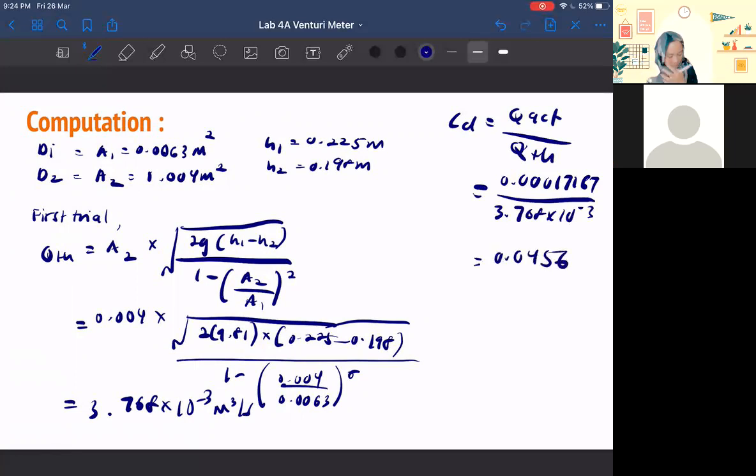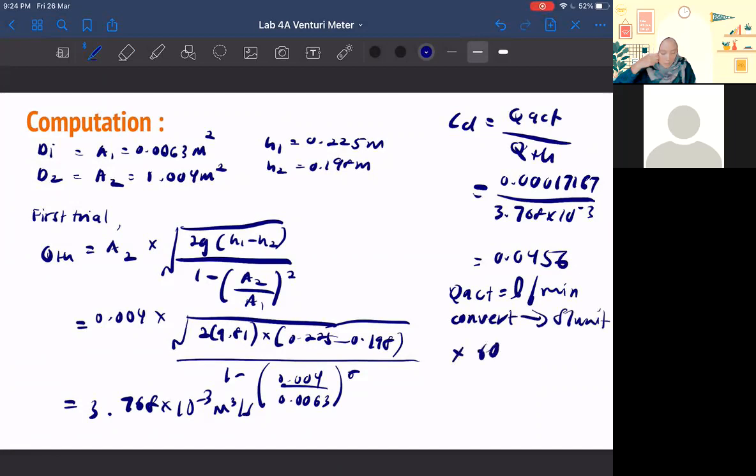Actually, from the setup, we will get the Q actual in liter per minute. So we have to convert it into SI unit. So we will multiply by 60,000. Then we'll get the meter cubed per second.